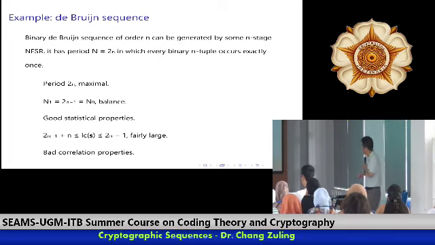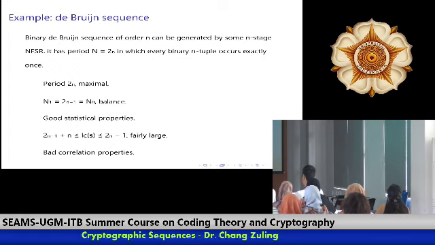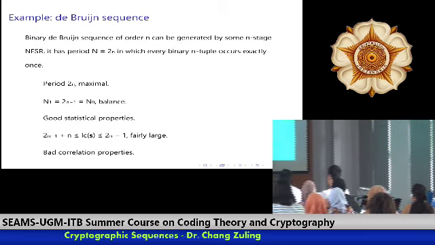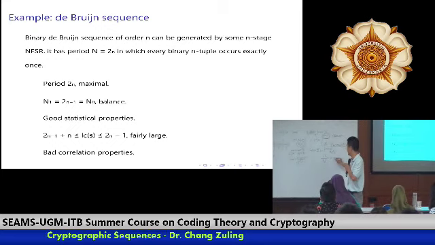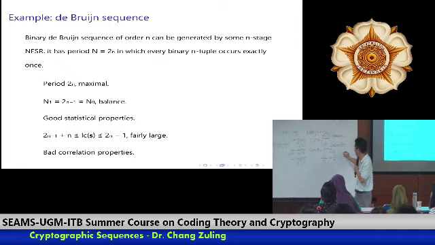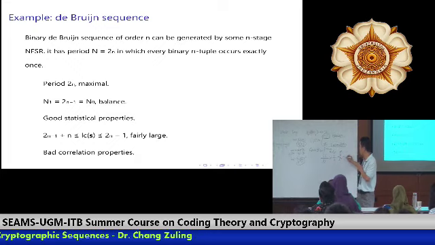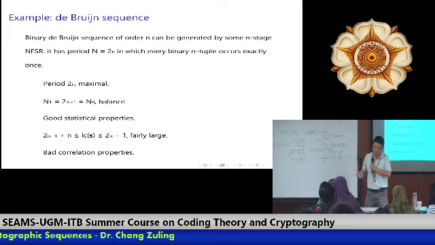Because the ratio of the LC to the period is nearly bigger than this one. And for the M sequence, LC is n and the period is 2 to the n minus 1, so the ratio goes to 0 if n is large.